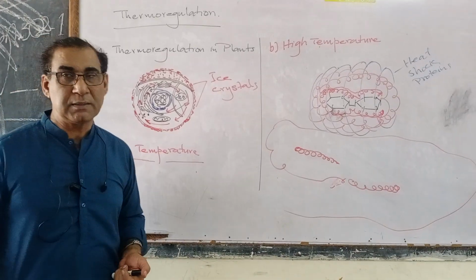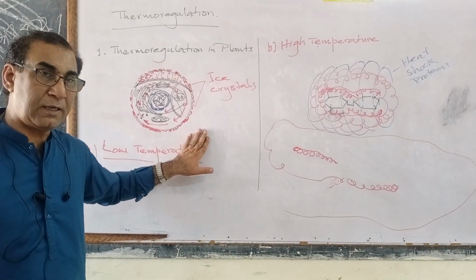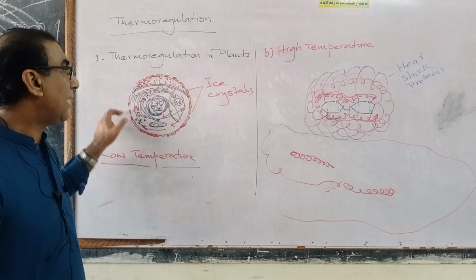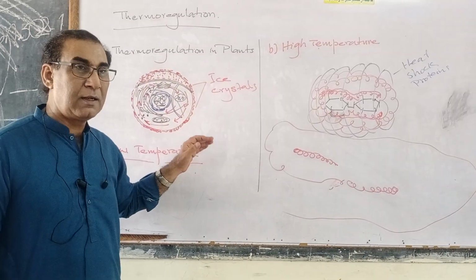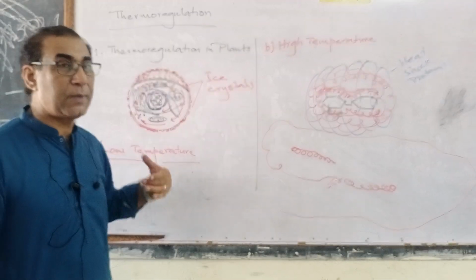cell would die consequently. But the plants are intelligent enough to prevent the ice crystals from forming in their cytoplasm, around the plasma membrane.